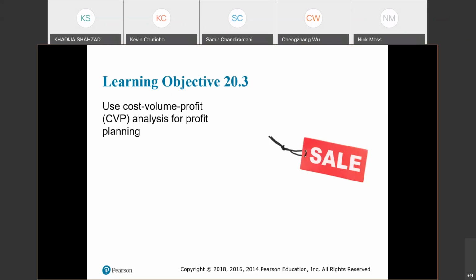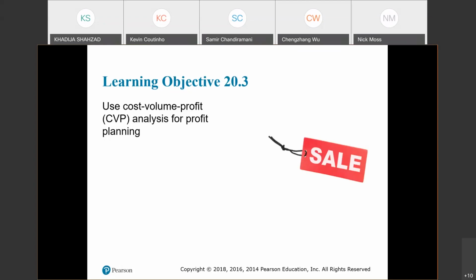So now that you have learned about the cost behaviors, let's see how managers use information to make business decisions. CVP analysis, cost volume profit analysis, is a planning tool that looks at the relationship among cost and volume and how they affect the profit.